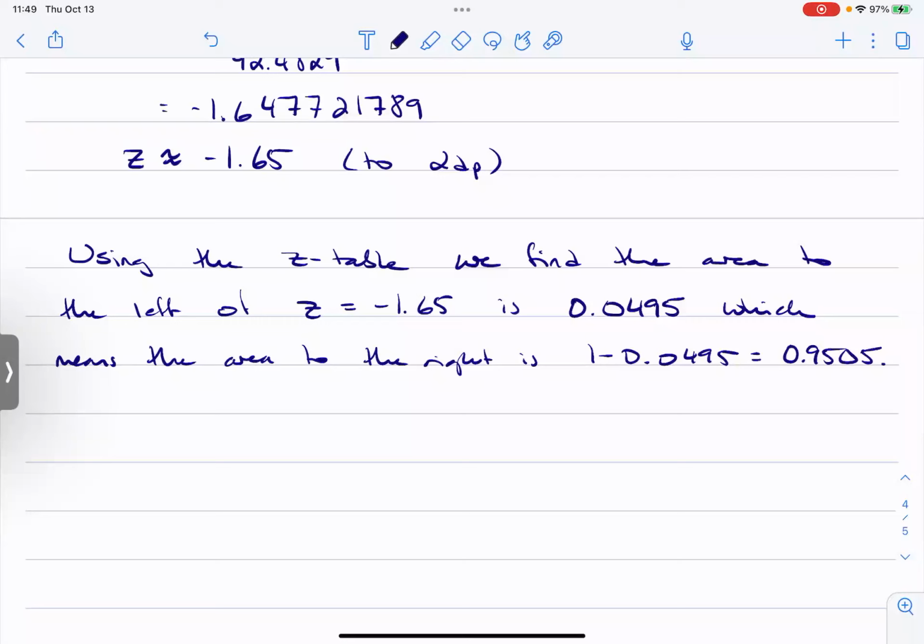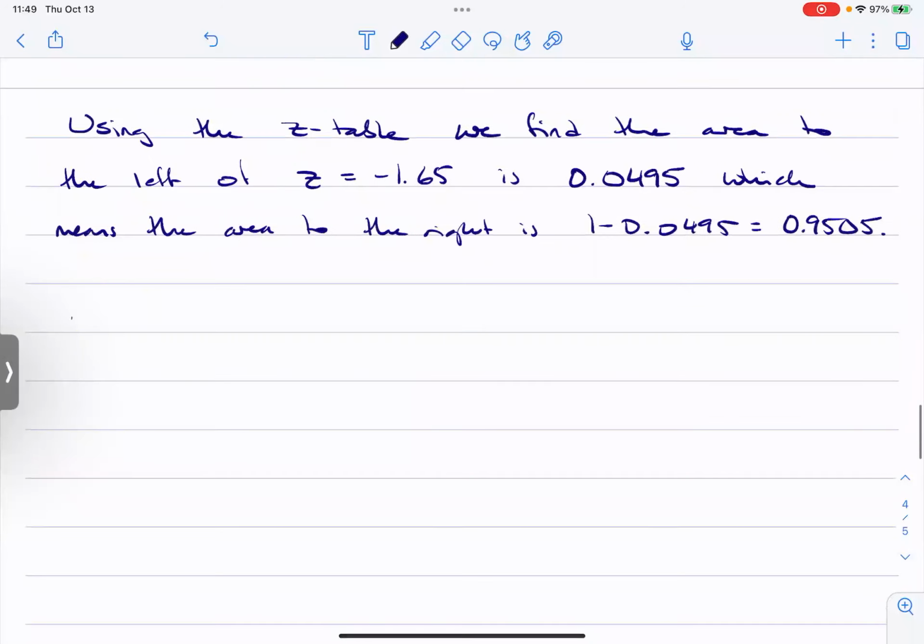Which in turn means that the probability that they meet this demand of at least 1,850 units is 0.9505.